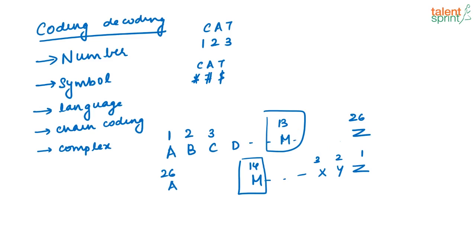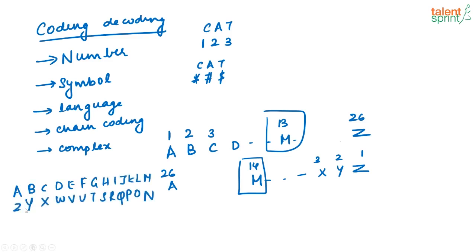Then again, in a lot of coding, what they do is the alphabets in the given word are replaced in the code with the alphabet which comes numerically in the same position in the reverse alphabetical order. So what does that mean? See, for example, you have A, B, C, D. I'm just writing down the alphabets here. Yes, so I've just written down the English alphabets like this. See, at times, let us say you have a word cat, right? Now this cat is coded as, let's say, X, Z and G. Now what is the coding that they have followed?